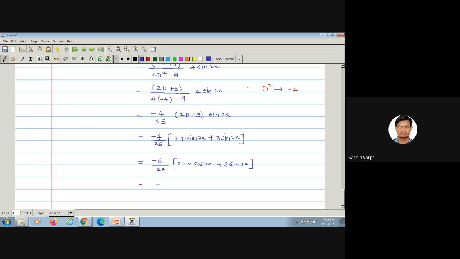So therefore I can now multiply inside: minus 16 by 25 cos 2x minus 12 by 25 sine 2x, and that is your final particular integral. Is this clear to everyone? You can ask your doubts if any. We have to eliminate D completely while getting the particular integral.